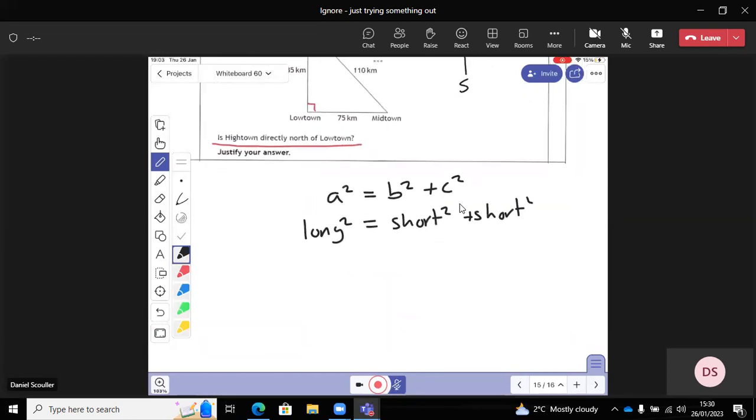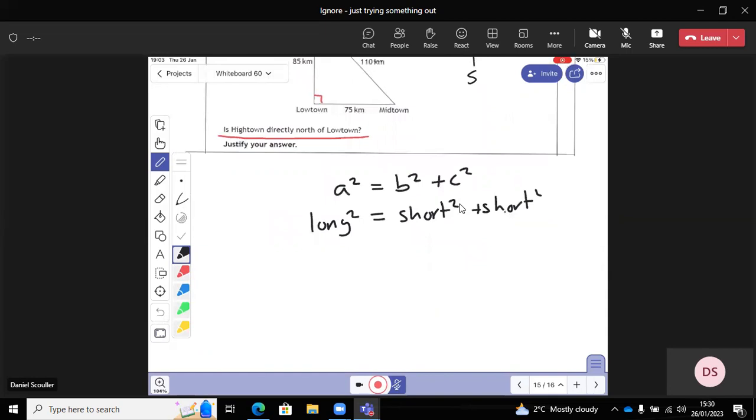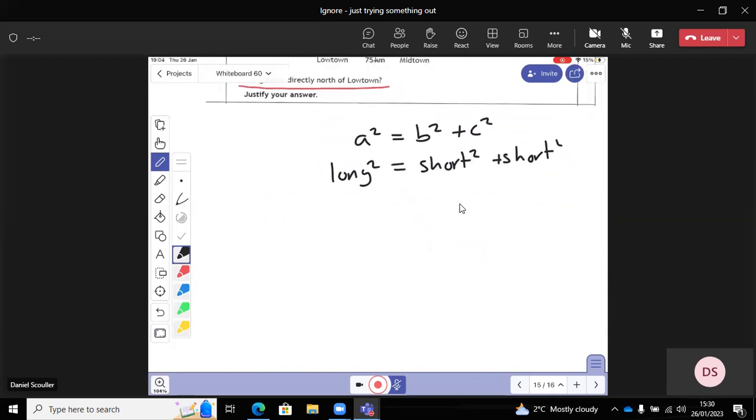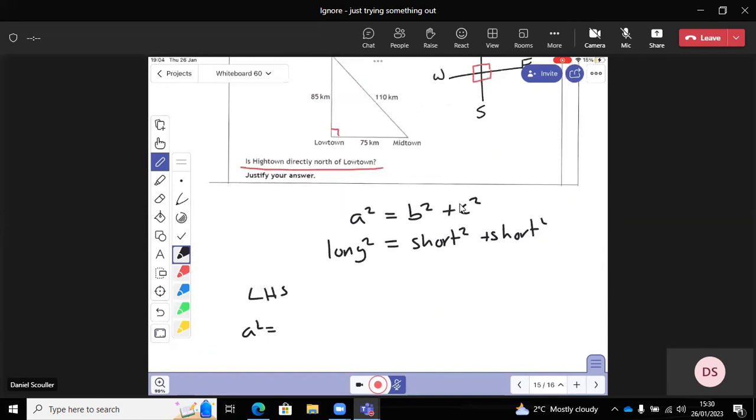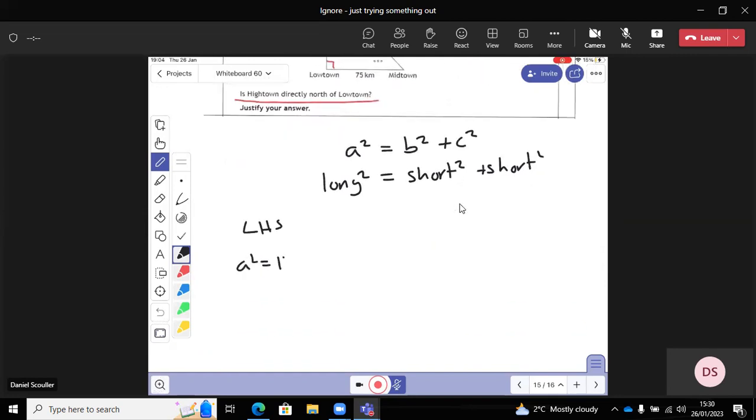We need to prove that the left hand side equals the right hand side. You can do that just by going through, or you can break it up. So we'll do the left hand side. a squared equals 110 squared, which is equal to 12100.